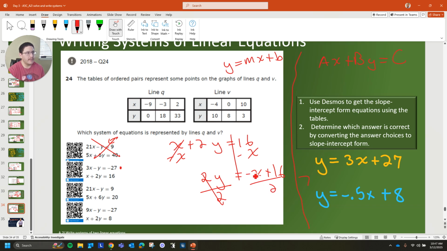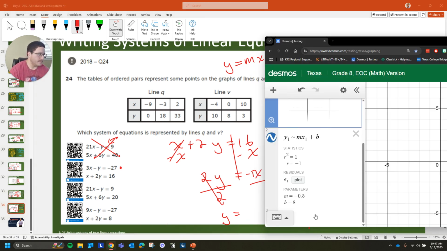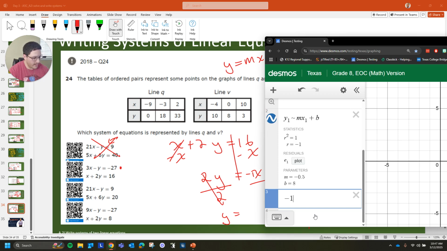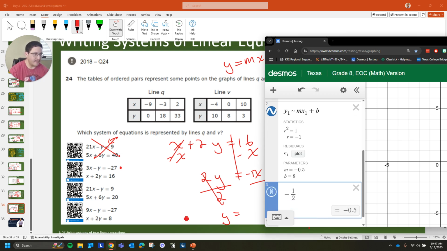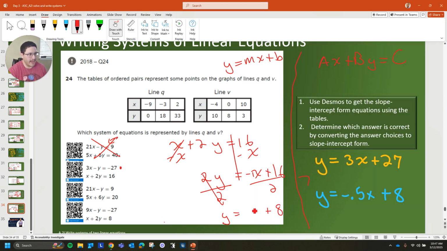So that's negative 1 divided by 2, and then 16 divided by 2, which is going to be positive 8. Since I have a decimal in one of my answers, I'm going to go ahead and put it in decimal form. So negative 1 divided by 2 is negative 0.5. Okay, we found our match.